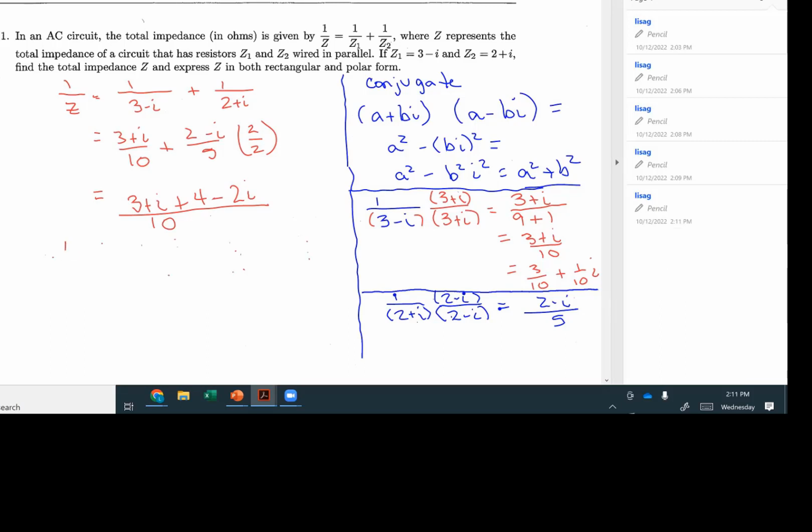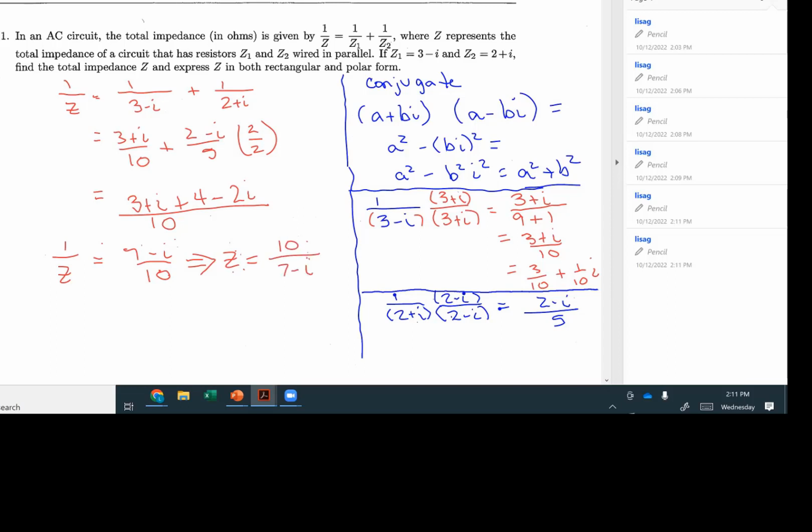I have 1 over Z, so that's important because we're going to have to flip it. We might as well keep it as one fraction. So again, I have 7 minus I over 10, which means that Z is equal to 10 over 7 minus I.